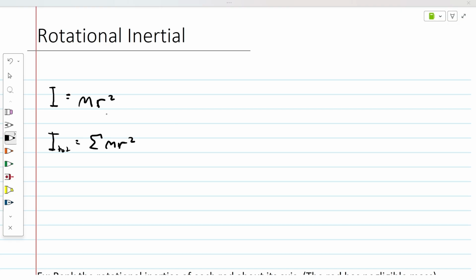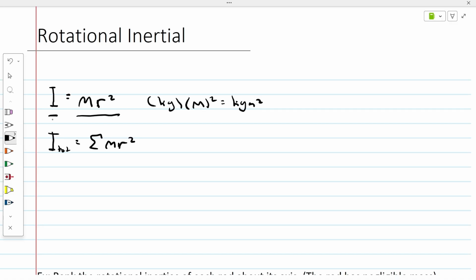So this main equation we have here is this rotational inertia I is equal to the mass times the radius squared. And so the units of this rotational inertia will just be kilograms for the mass, the radius in meters squared, so we can just denote it as kilograms meters squared. And so what is this actually saying, right?